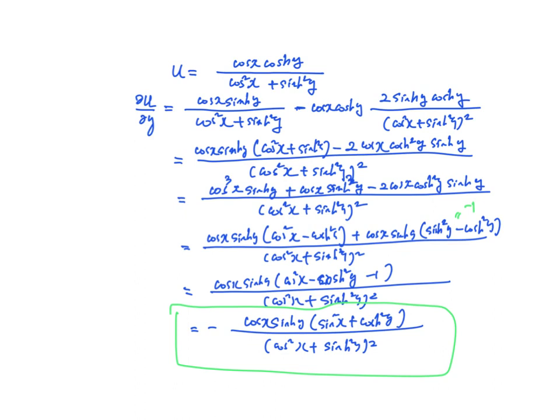Voila. Same as this with a minus sign, right? So, three sine x sine hyperbolic y, cosine square x sine hyperbolic square y.